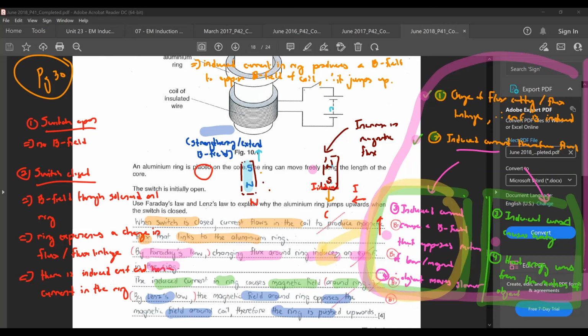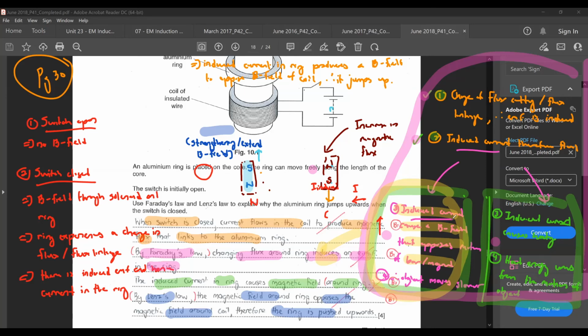We are trying to explain why the thing moved up, right? So you notice a point that they always use is this one. If you look at your previous questions so far, whenever you want to explain your answer using the point where you say the induced current causes a magnetic field that slows down the object, that makes the object lose its amplitude even more, the phrase will almost always be the same.